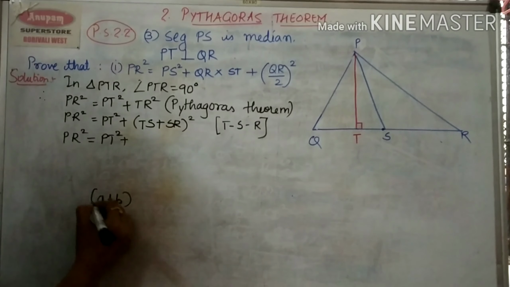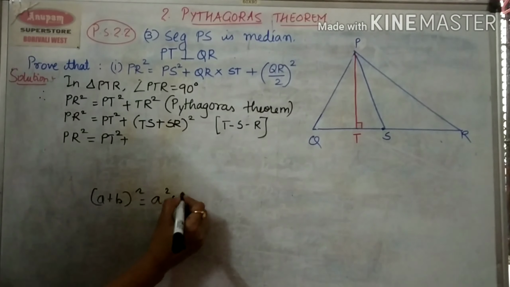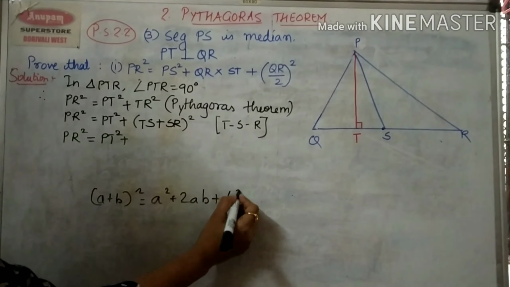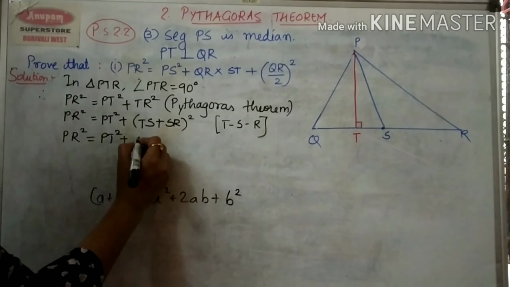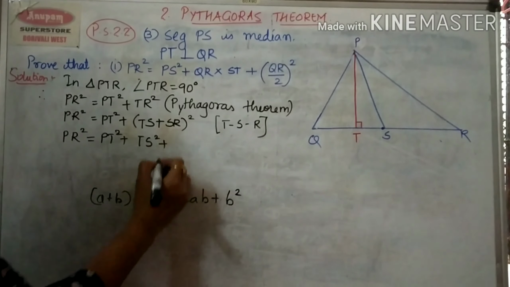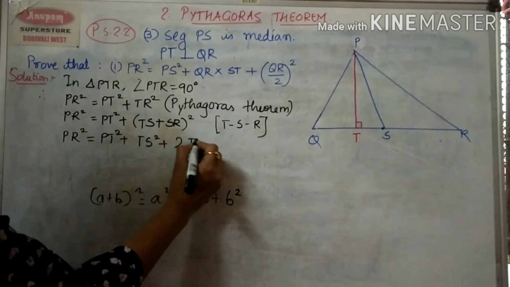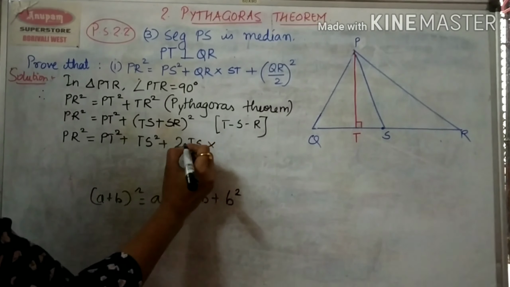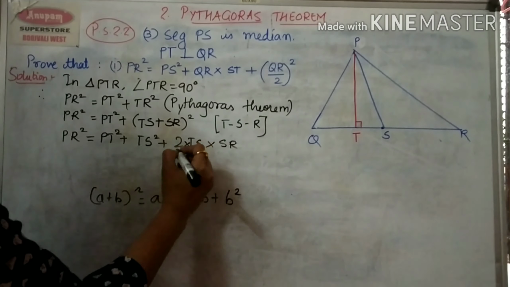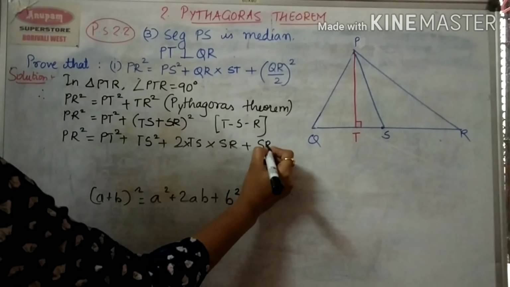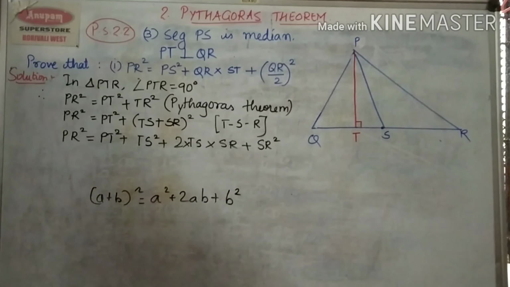Let us use this formula for this. So according to this it will be TS square plus 2 into TS into SR plus SR square.